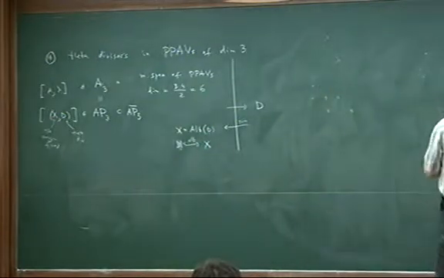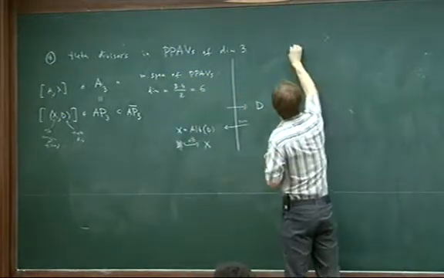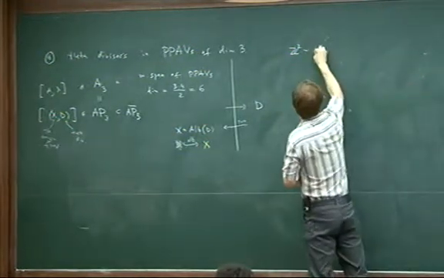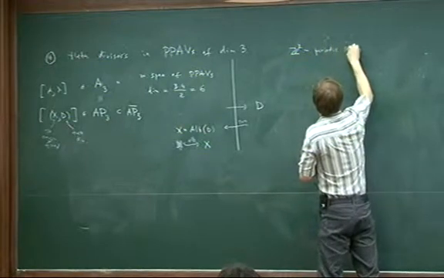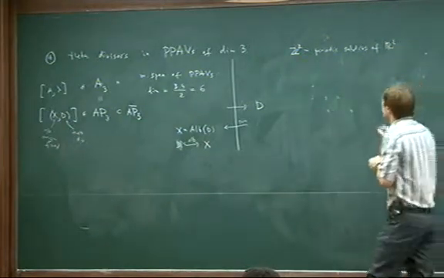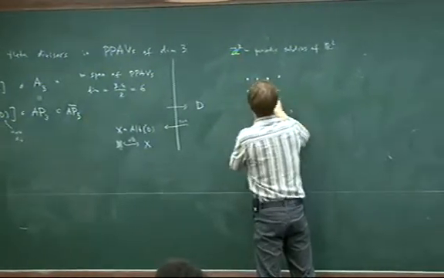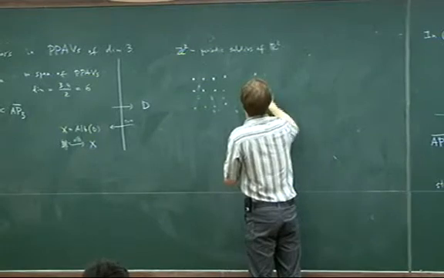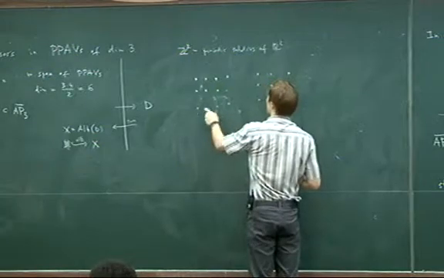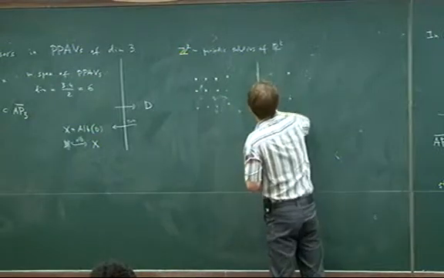All right, so I'll start easy and tell you what the Z2 periodic subdivisions of R2 are. And so these we can list very easily, and this subdivision will be where I don't subdivide at all.